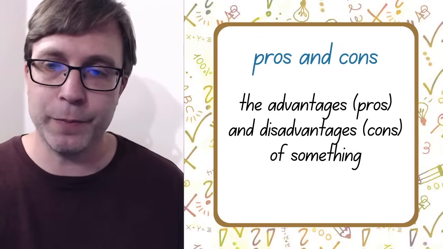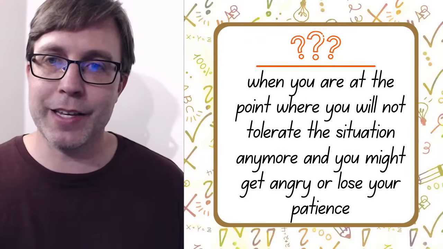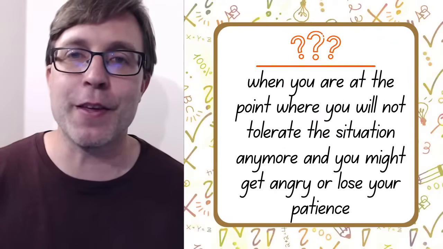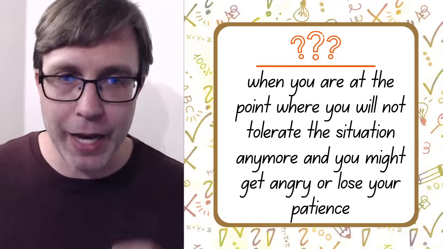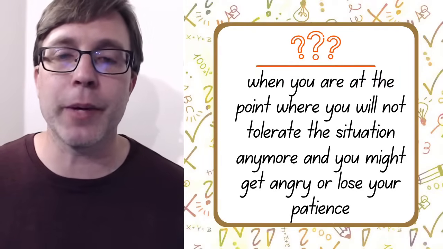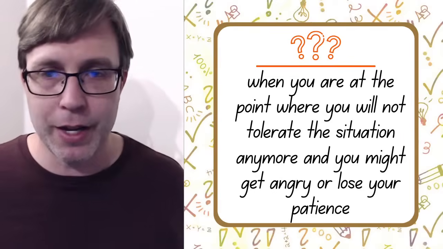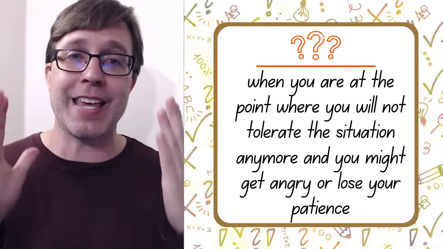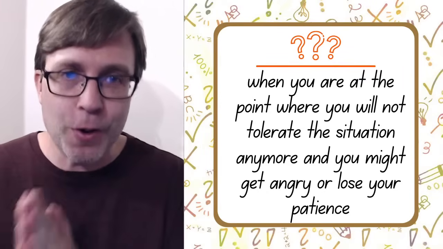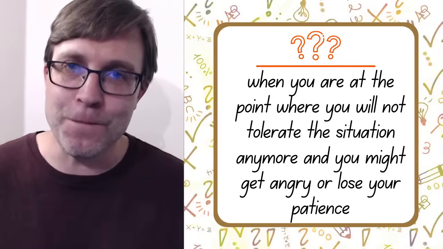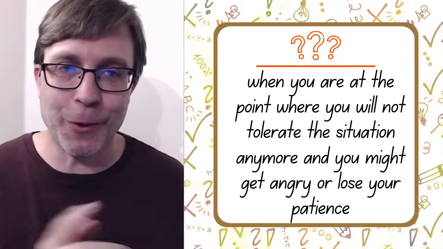The next one is, maybe, I don't know if this would be easy or difficult, but the meaning is when you reach a point that you will not tolerate the situation anymore. And you might get angry and lose your patience, and you would say that you are... okay? Here's the meaning.